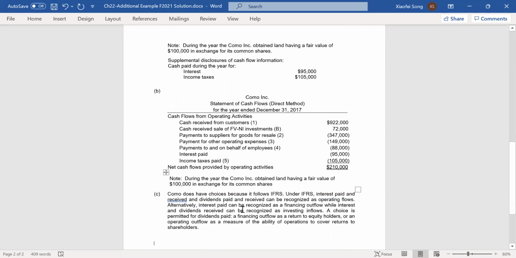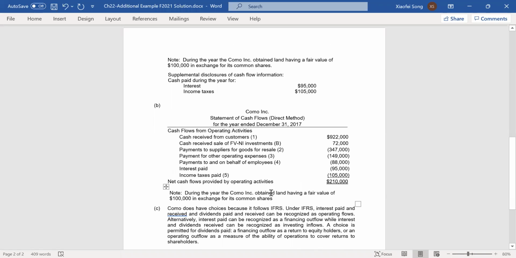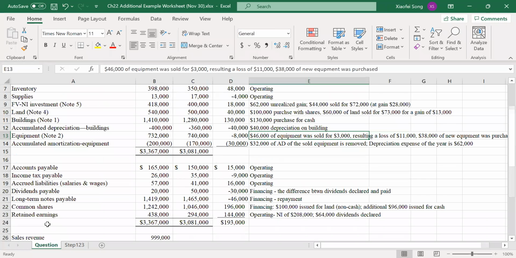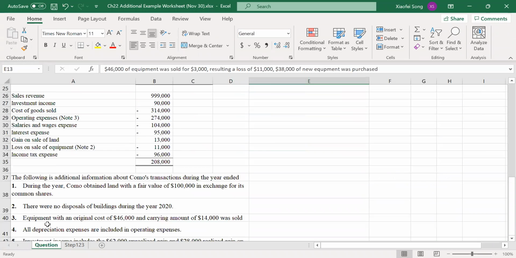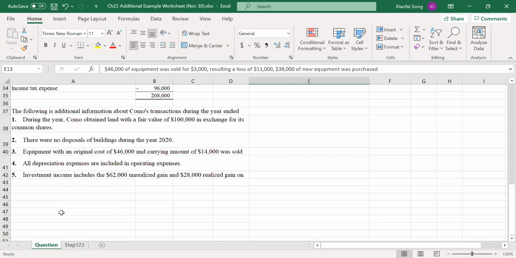And the last one is, I think, the question about the treatment of the interest. Yeah, the last question is in the question part, the one I posted online.